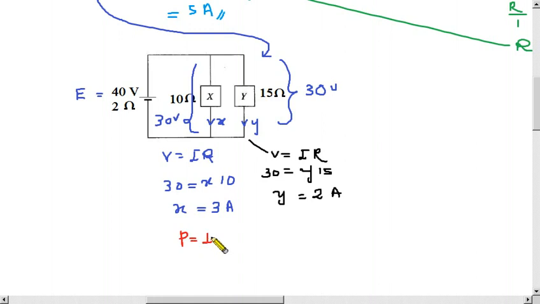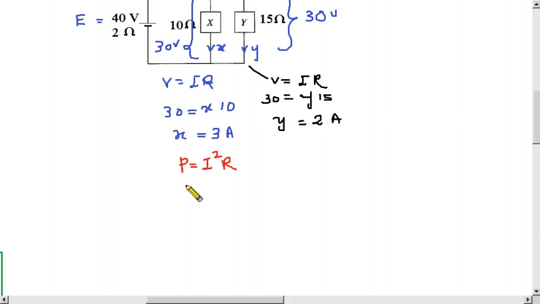So what we have to do now is find out the power. Power equals I squared R. So here I is 3, 3 times 3 is 9, 9 times 10, the resistance is 10, so 90 watt.